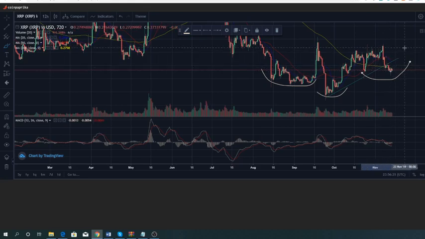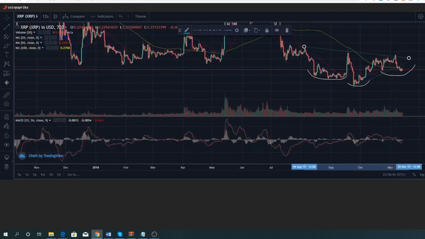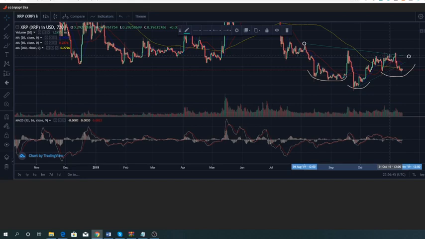So if it actually completes that, then it looks better. You can connect the tops like this. That's also looking a bit valid for me, because it came to that level once, twice, thrice. So the point is more or less valid there.